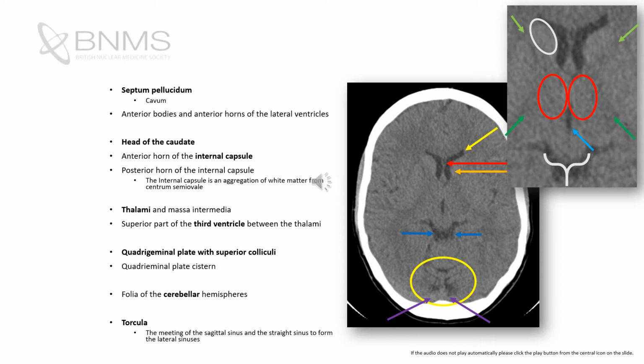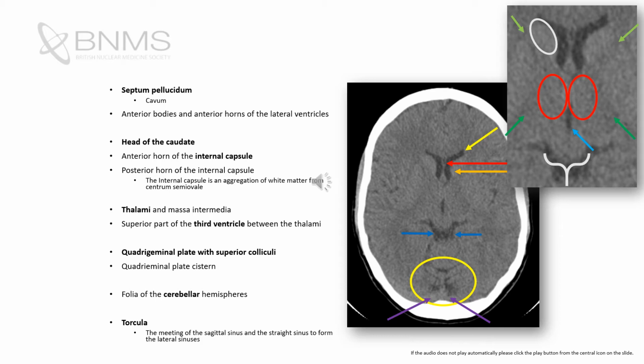These are important regions when assessing quality of FDG brain scans, and we shall see this in one of the other lectures. The low attenuating fluid-filled region, indicated by the two dark blue arrows on the main image, indicates the quadrigeminal plate cistern, one of the basal cisterns of the brain.